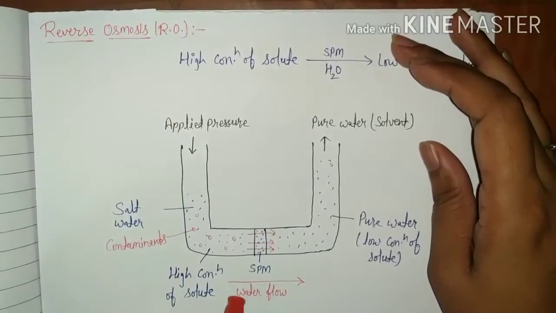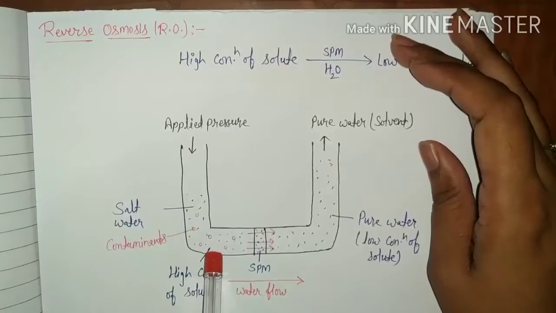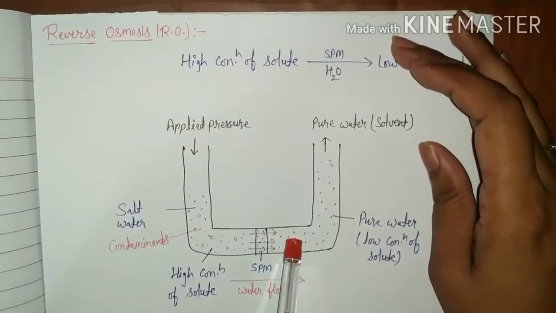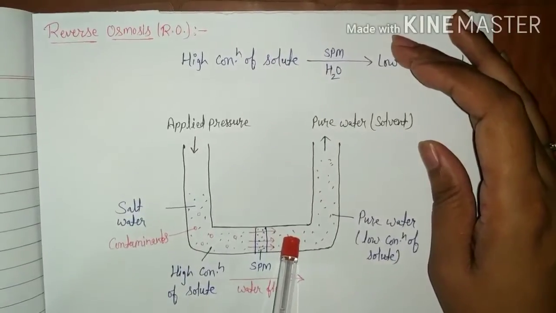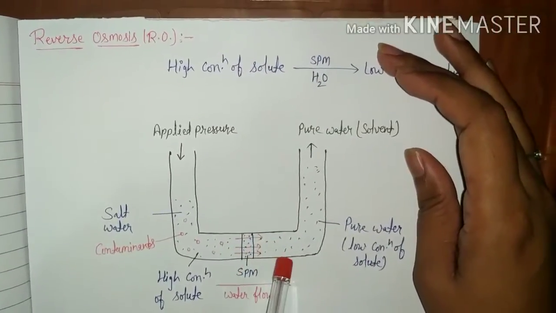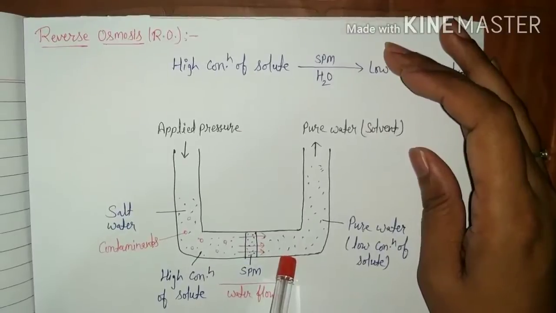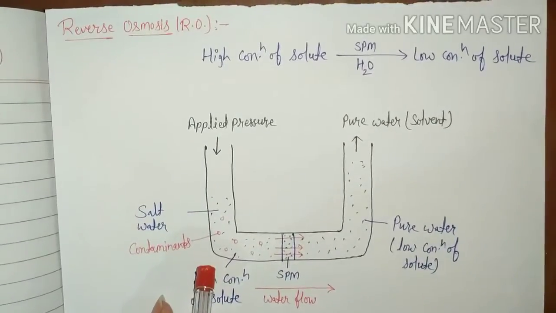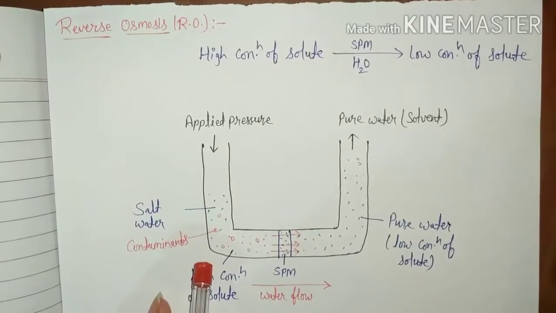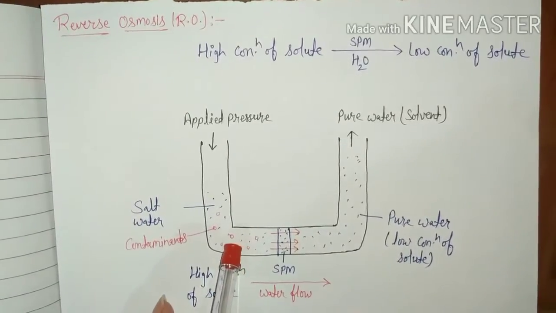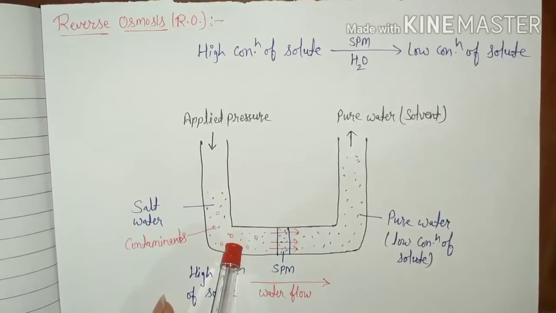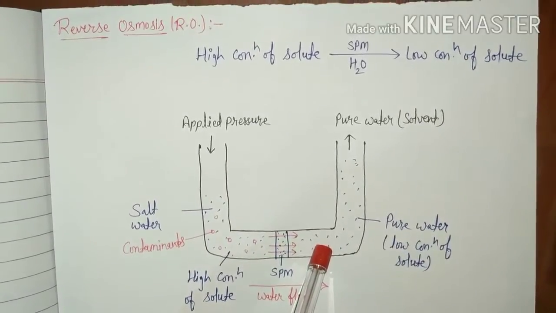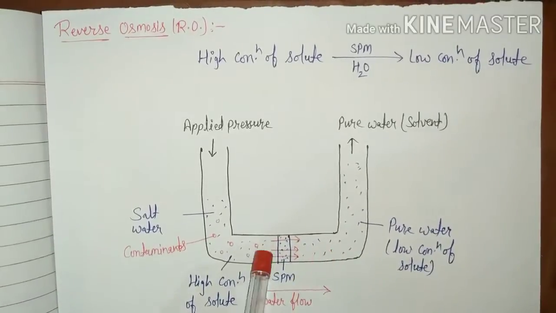But in this, water flows from high concentration to low concentration of solute, and this is called the reverse osmosis process. The result is that the solute is retained on the pressurized side of the membrane and the pure solvent is allowed to pass to the other side.